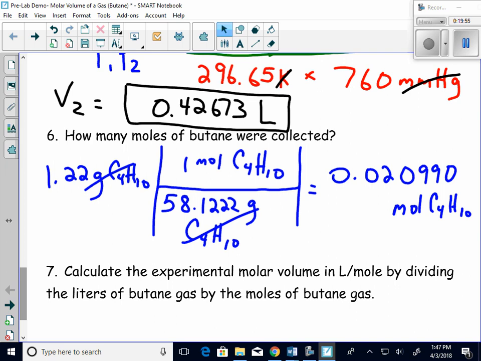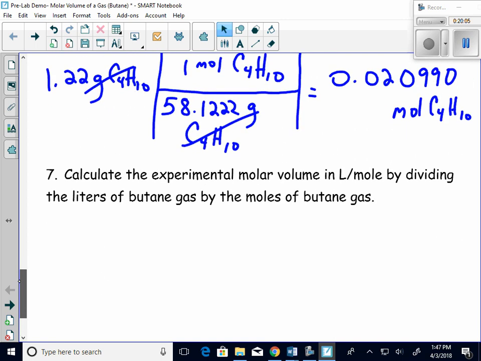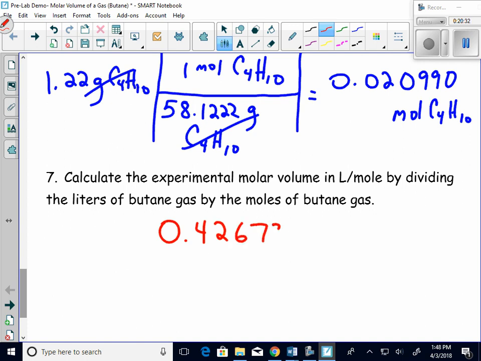Now here's the big final ending. It says, calculate the experimental molar volume in liters per mole by dividing the liters of butane gas. What was my liters of butane gas? Look at number 5. 0.42673 liters, right?